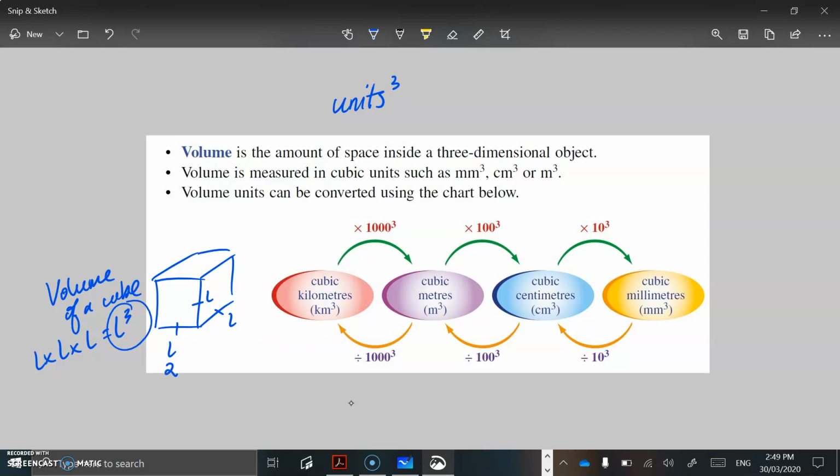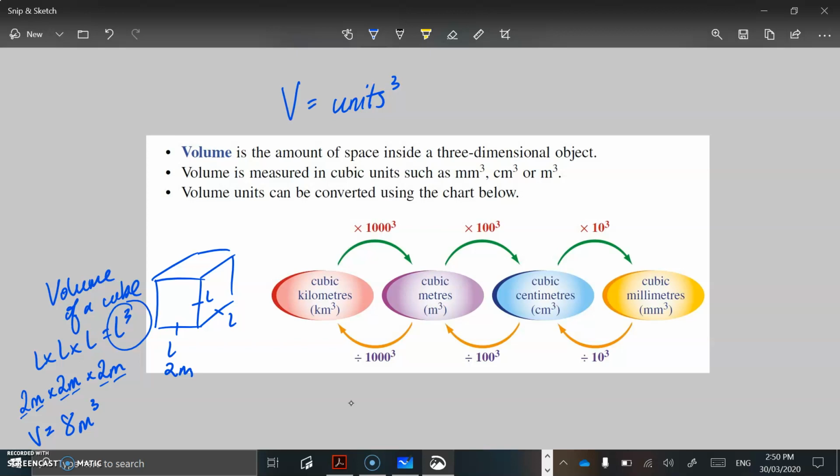If each of these sides was 2 meters, we would have 2 meters times 2 meters times 2 meters, and 2 times 2 times 2 is 8. M times M times M is M cubed. So the volume of this cube is 8 meters cubed.